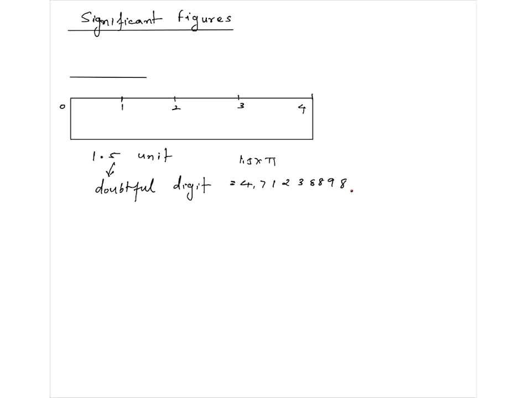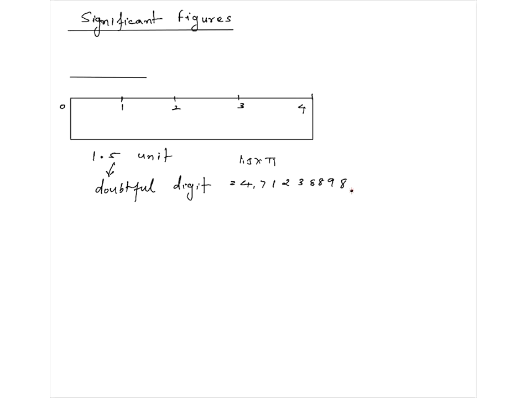That's the basic idea of this discussion, significant figures. In science, when you perform experiments, there are limitations of your readings. They are limited by the instruments that you use.